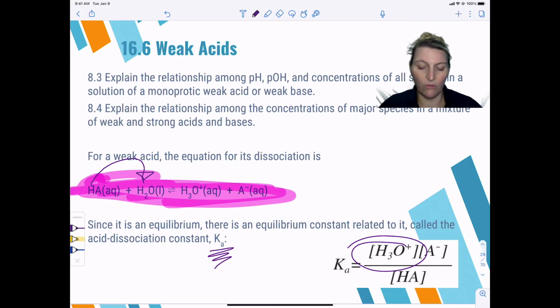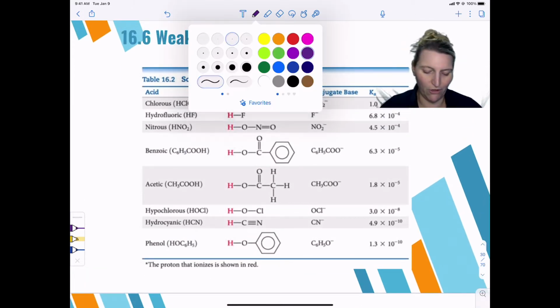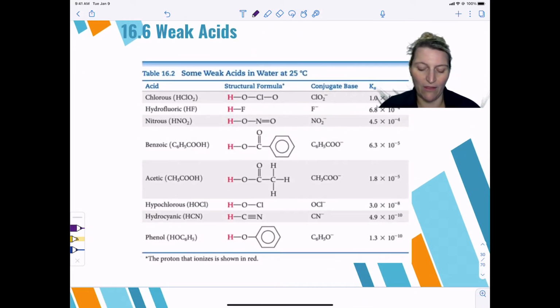So here's a table of some common weak acids that we're going to use a lot. A full table of a whole bunch of weak acids and their equilibrium constants is in Appendix D, I think. And I will give that to you in class for you to look at, like for doing homework.